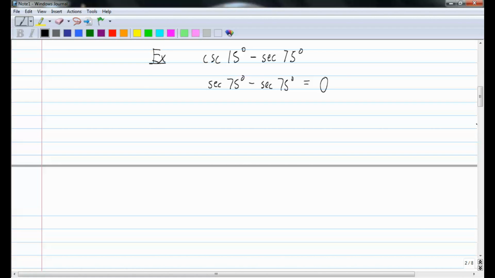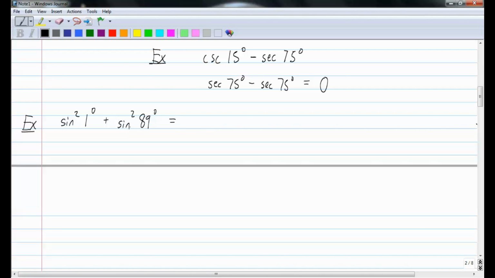So let's say that I had sine squared of 1 degree plus cosine squared of 89 degrees. I'm sorry, let's change that to sine squared.